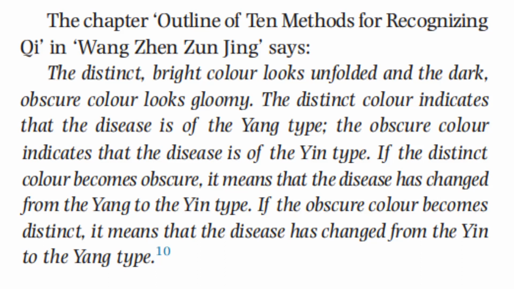The obscure color indicates that the disease is of the yin type. If the distinct color becomes obscure, it means that the disease has changed from the yang to the yin type. If the obscure color becomes distinct, it means that the disease has changed from the yin to the yang type.